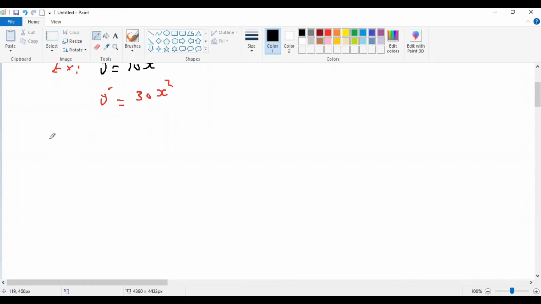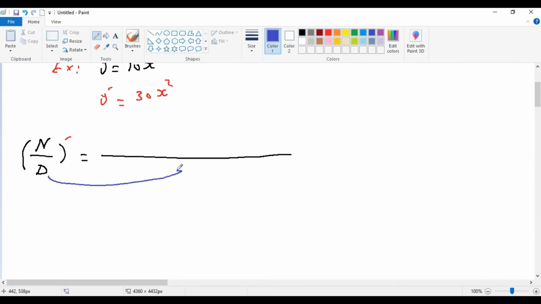If we have a rational function with numerator and denominator, and I want to find its derivative, the rule is: write the denominator D, the same, but squared, D squared. Here it is squared, and here the denominator is the same, no change. Times the derivative of the numerator. Just find the derivative of the numerator and put it here.